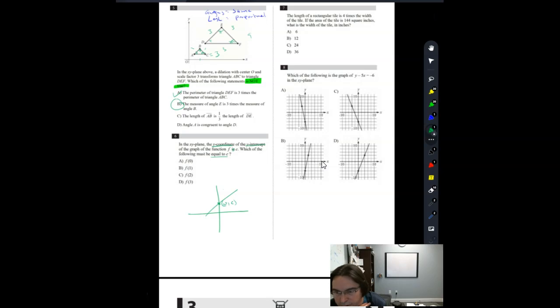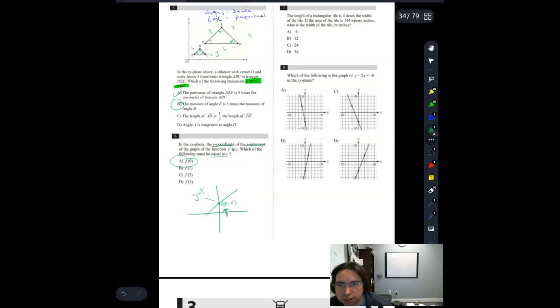So yes, it's got to be A here, because if we want to know that the y-coordinate of the y-intercept of the graph of the function f is c, which of the following must be equal to c, then we know we're talking about when x equals 0 here. So anytime we're talking about the y-intercept, x has to be 0 for that to be true. So the answer choice is A.